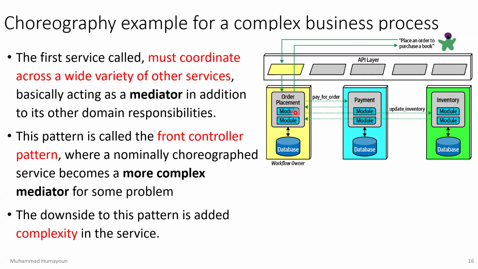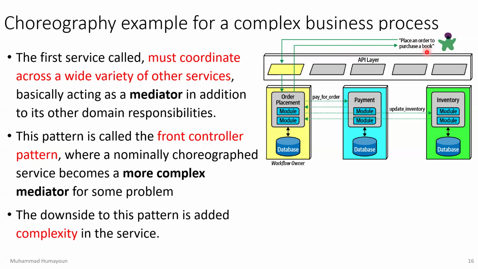So for instance, let's say order placement is happening here, and within that transaction, we need to pay for an order. So paying for the order happens through this microservice, and then a response comes back. And then, since the payment was successful, we need to update the inventory. So order placement will send a request to update inventory, and then a response comes back. That means inventory is also updated. And then order placement is successful, and it can send back an appropriate screen or message to the customer.